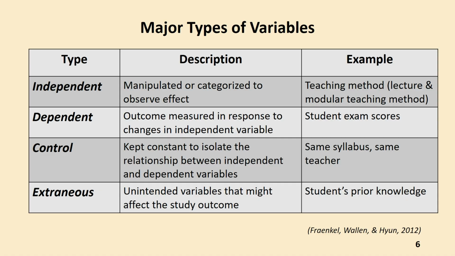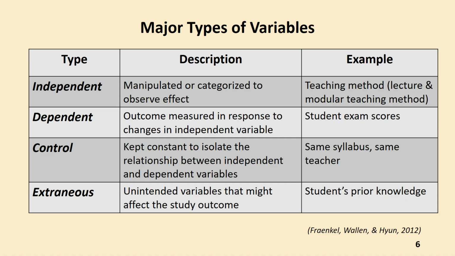Third is control variable. Description: kept constant to isolate the relationship between independent and dependent variable. It is very important. They are kept constant to isolate the relationship between independent and dependent variable. Same syllabus, same teacher. You can take the example of teaching method here.